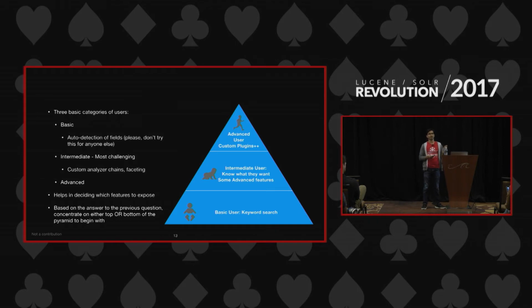That's a fuzzy differentiator between what's a top or advanced user, what's a basic user, and then everything in between ends up being intermediate. So anyone who knows anything about search is going to be an intermediate user. So no matter who you cater to, you will end up catering to the middle tier, always.